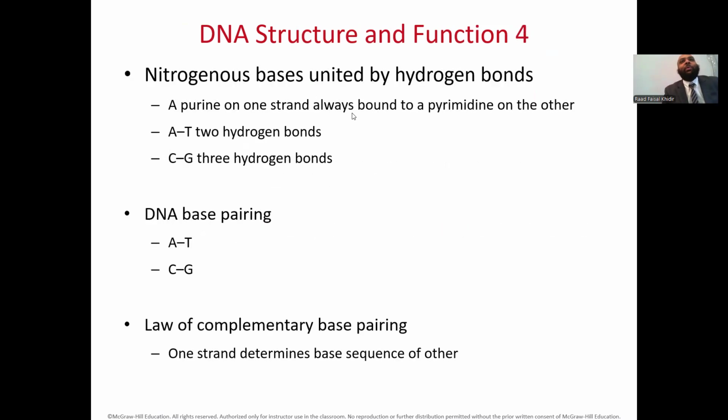So nitrogenous bases are united by hydrogen bonds. A purine on one strand is always bound to a pyrimidine on the other. So we don't bind purine to purine. You bind purine to pyrimidine.